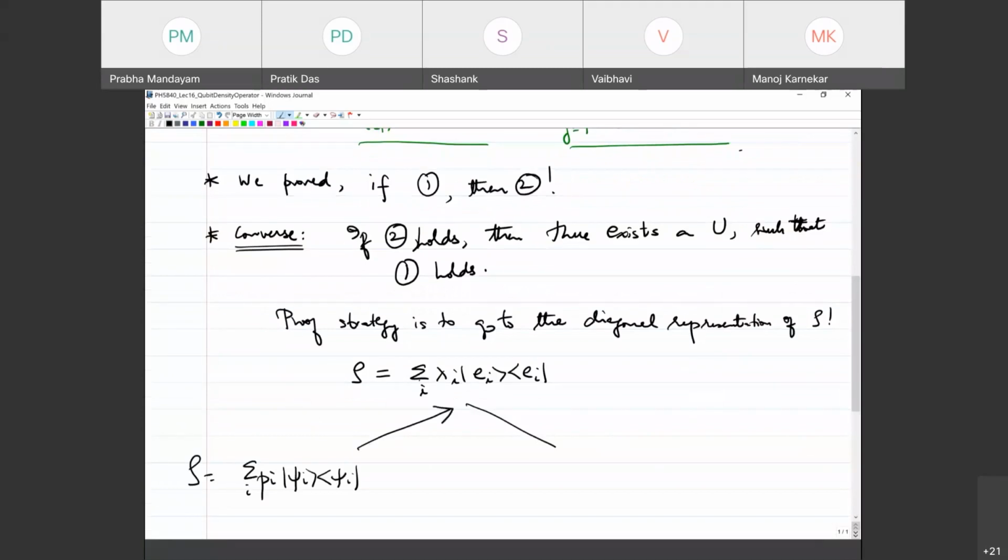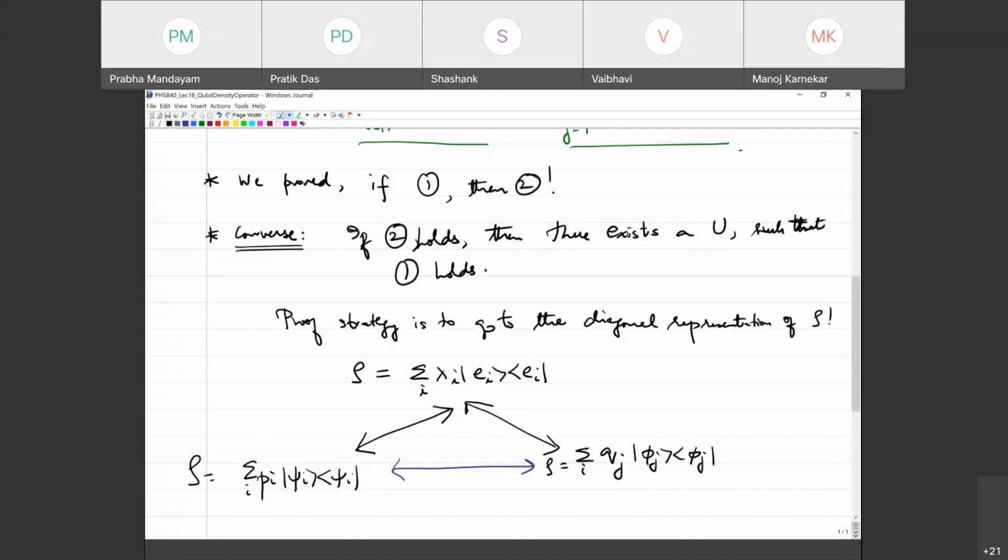In fact, you relate these two sets, and then you relate similarly this set with the phi j's, okay? And hence you end up with a relation between these two ensembles, these two sets of pure states and the probabilities.